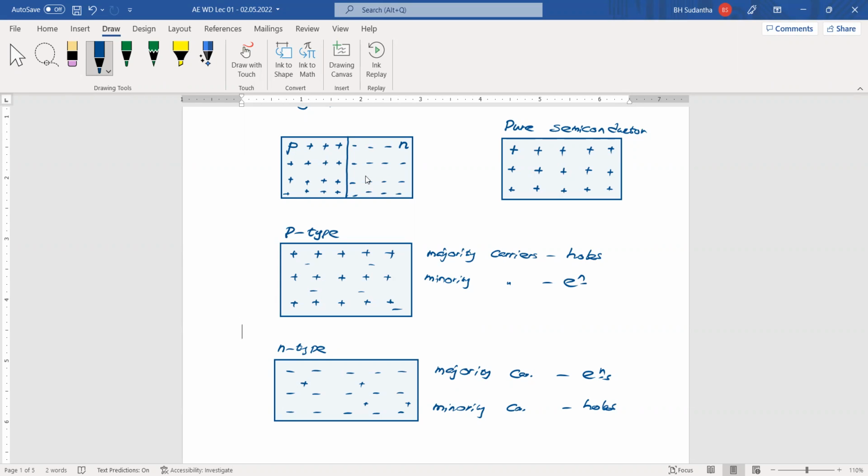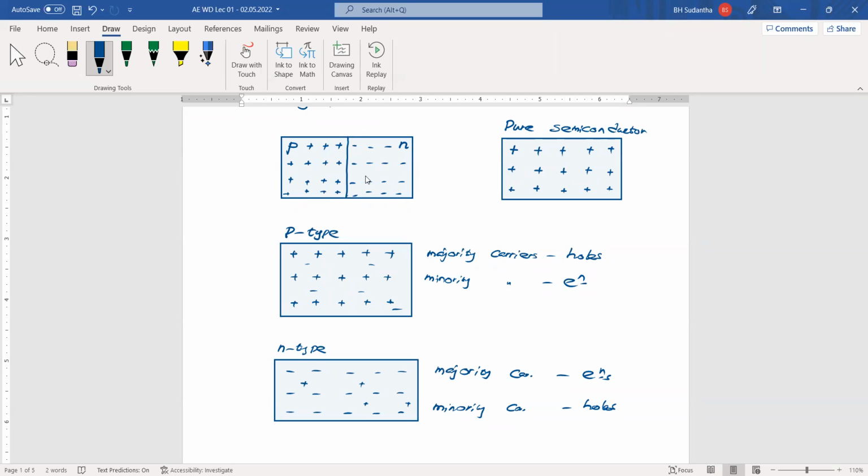at this junction, the p-type semiconductor has more holes, more positive charges, and the n-type semiconductor has more negative charges. Very close to this junction, they can go in each direction, to the other side, and they can get neutralized here.